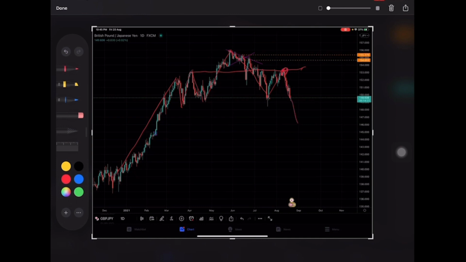This setup also, we are waiting for the rejection first. So as you guys can see, at this level, HNS will be like this.